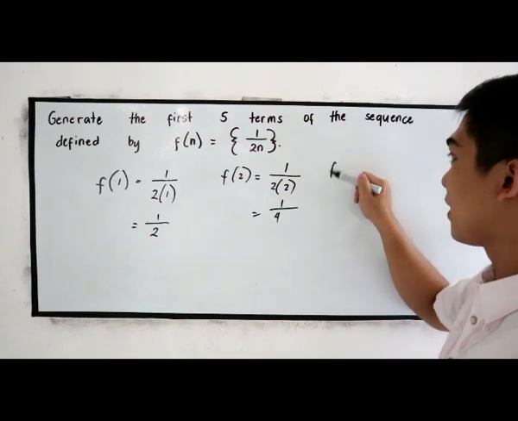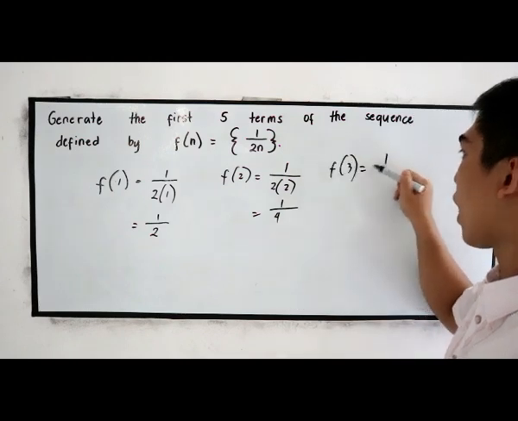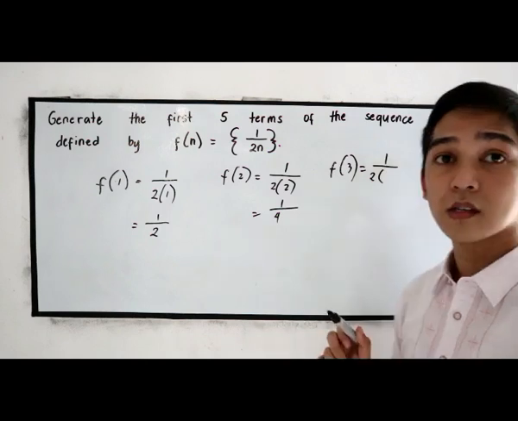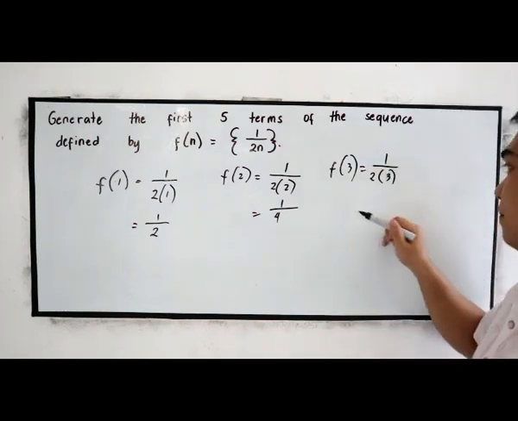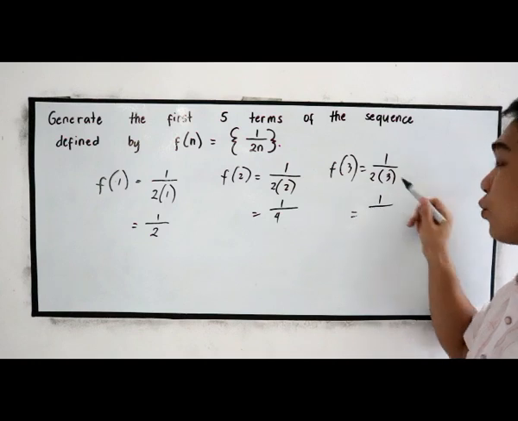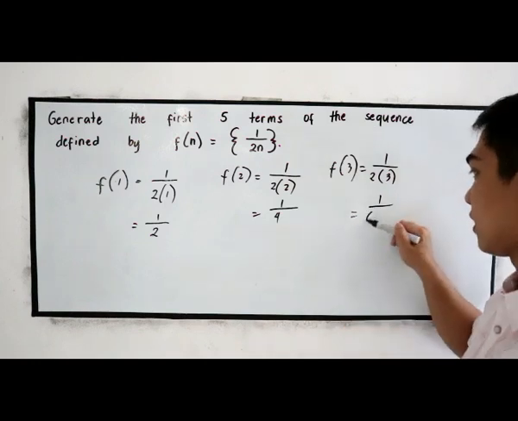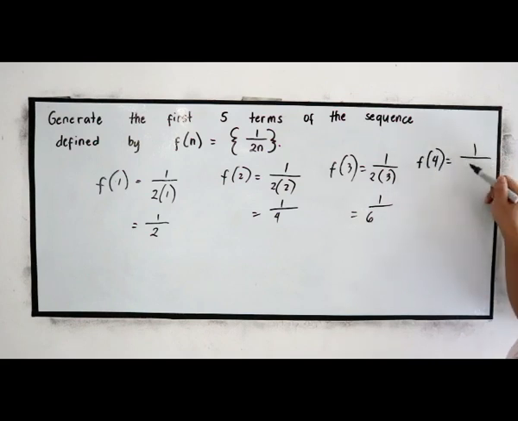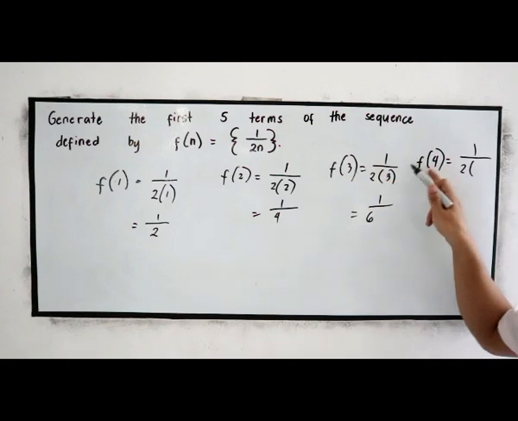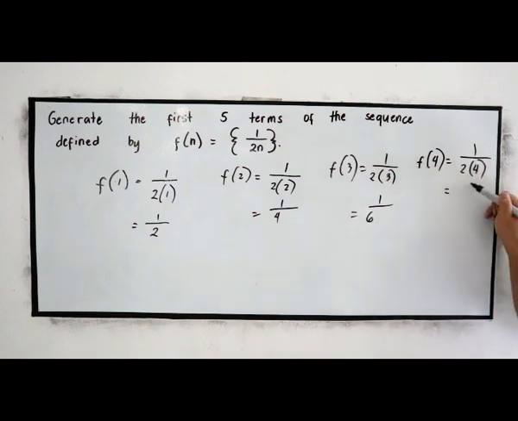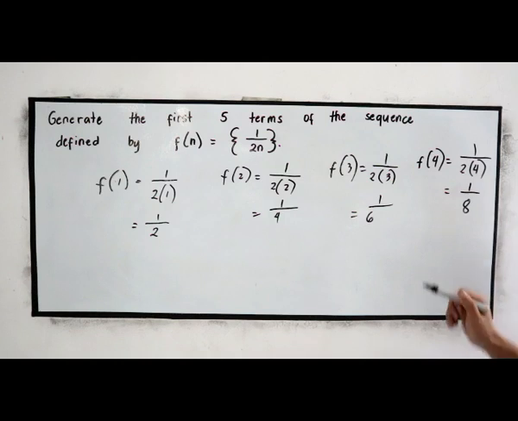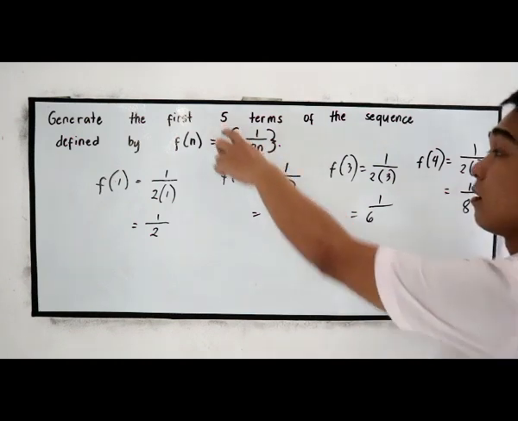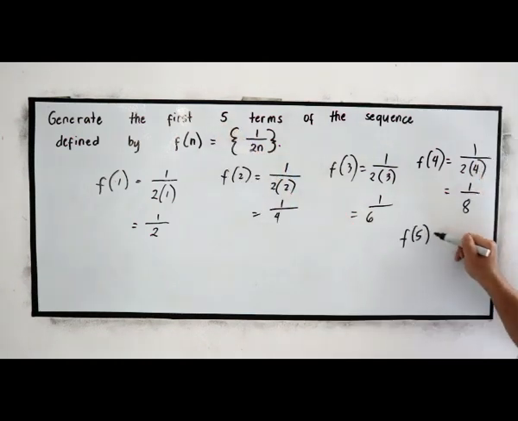Next, f of 3, 1 over 2 times 3, which is 1 over 6. f of 4, 1 over 2 times 4, which is 1 over 8. And last, f of 5, 1 over 2 times 5, which is 1 over 10.